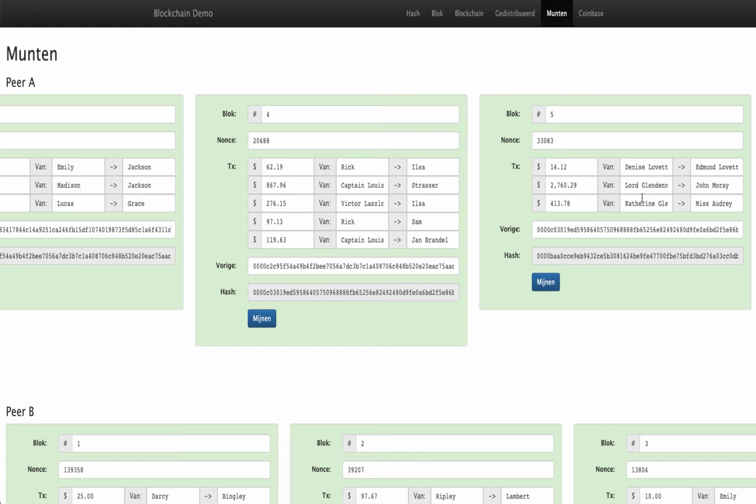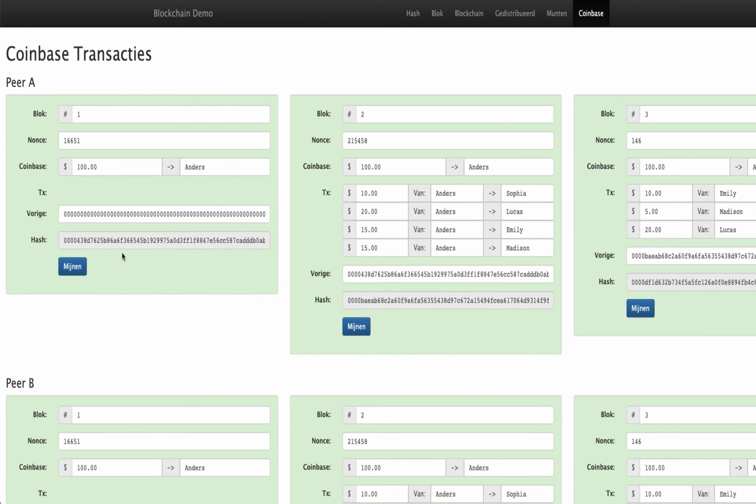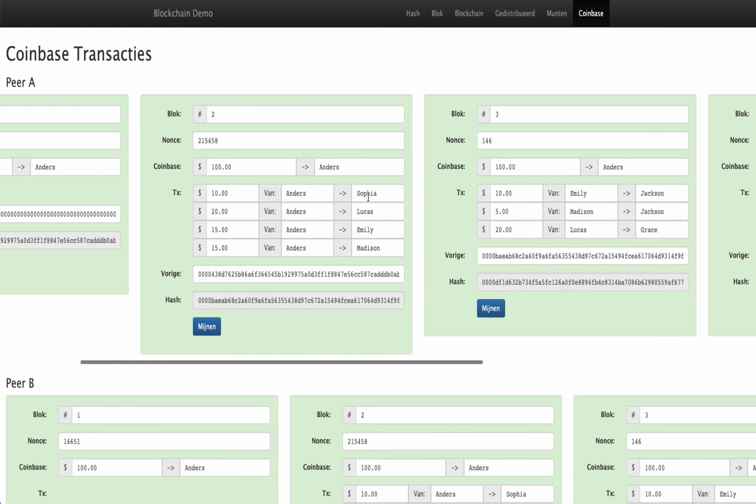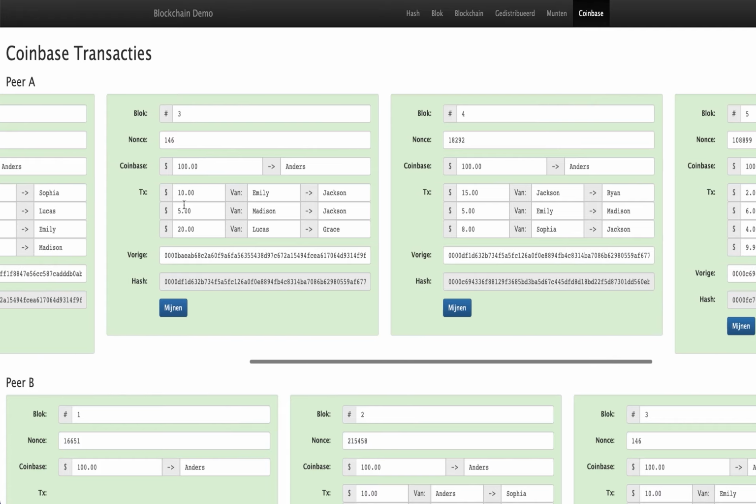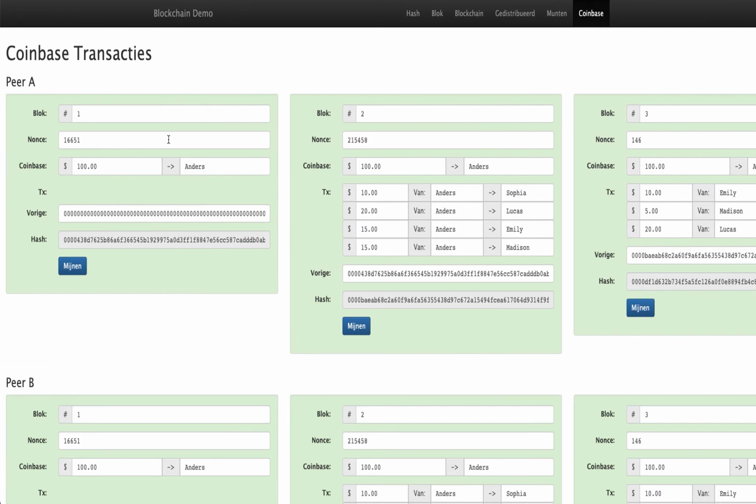So how does a blockchain know the balance of each peer, each entity that uses the chain? We can go to this section. Here we have all transactions, but in the first blocks of the chain, we can see also a transaction, but that's the first transaction.